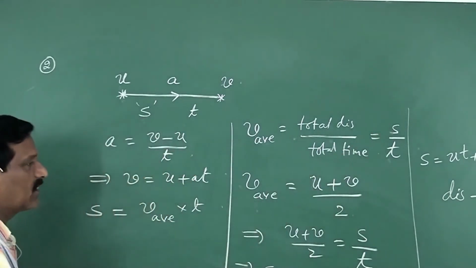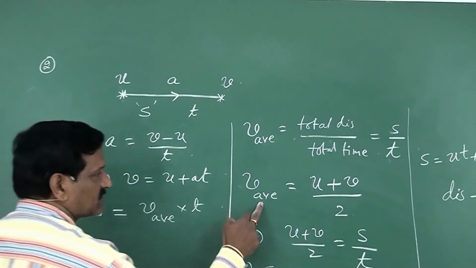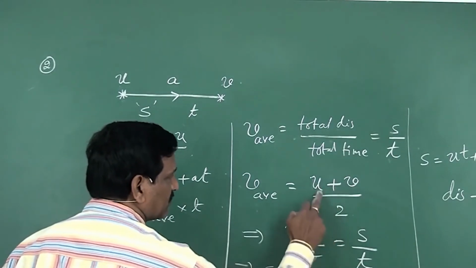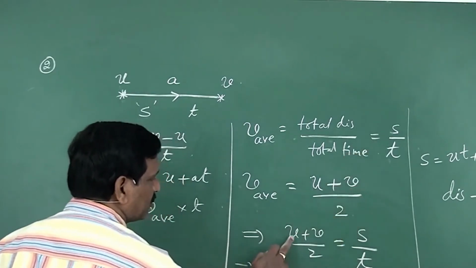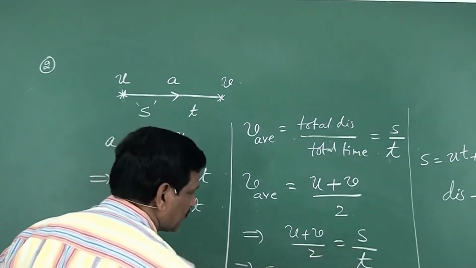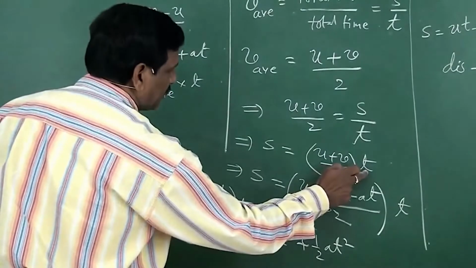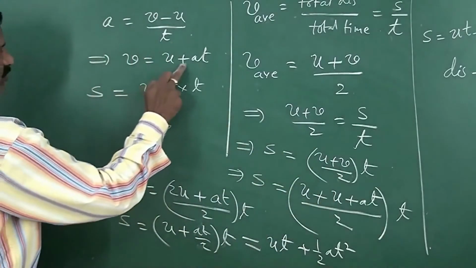From the general definition of average, average velocity is equal to initial velocity plus final velocity by 2, that is u plus v by 2. From these two equations you can write u plus v by 2 is equal to s by t. From this, s is equal to u plus v by 2 into t. We already know v is equal to u plus at.